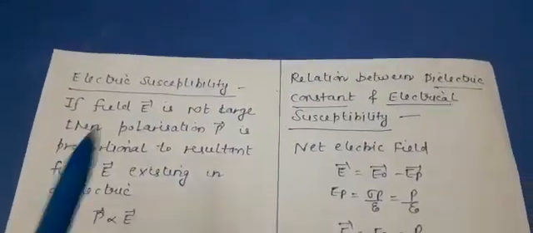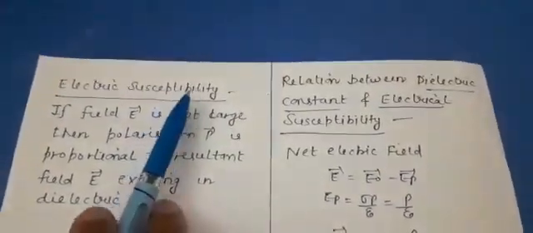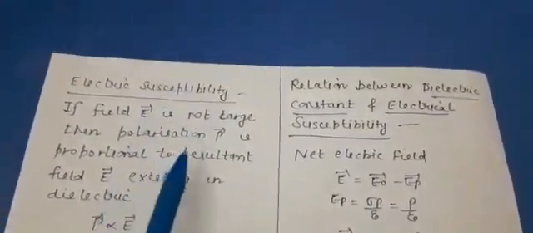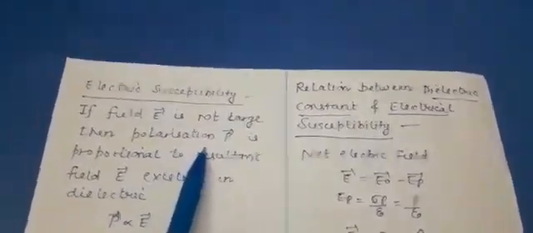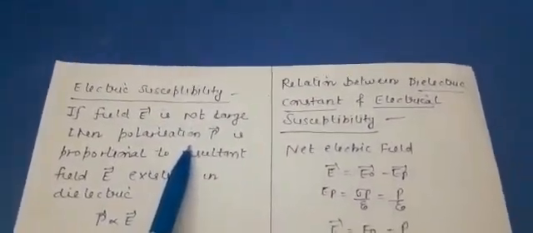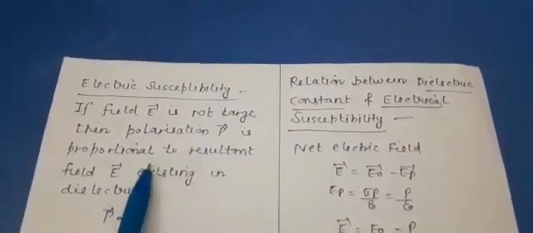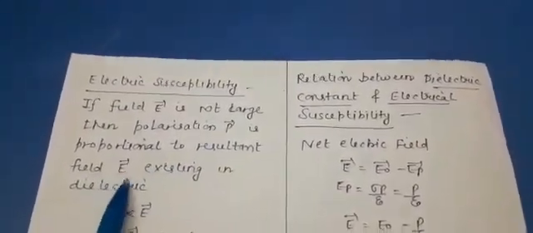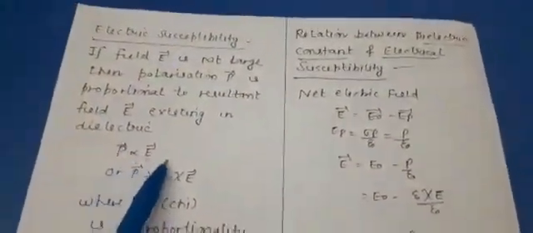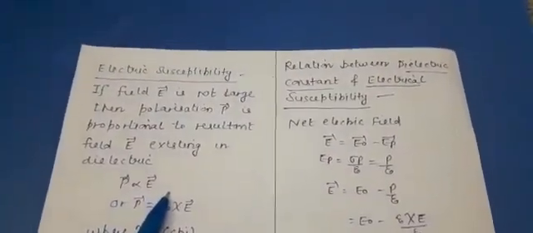Next is electrical susceptibility. Basically, as we know, the polarization of the specimen, that is the dielectric we are taking, is directly proportional to the resultant field existing within the dielectric. So polarization is proportional to the reduced electric field.